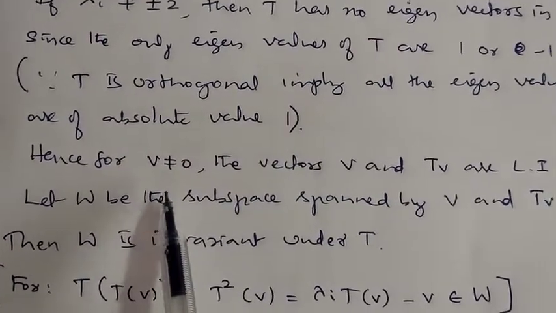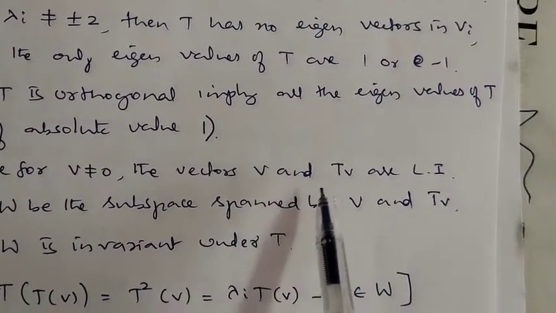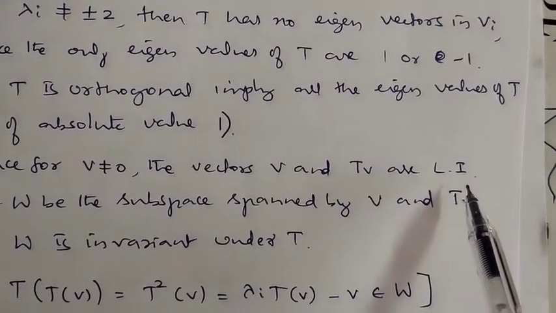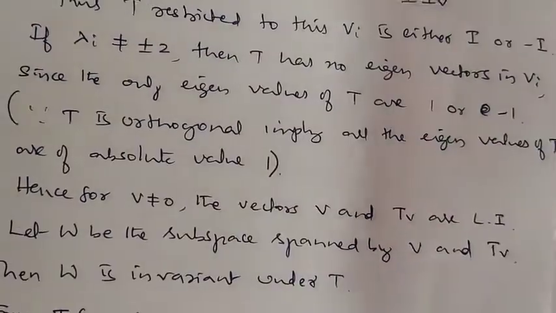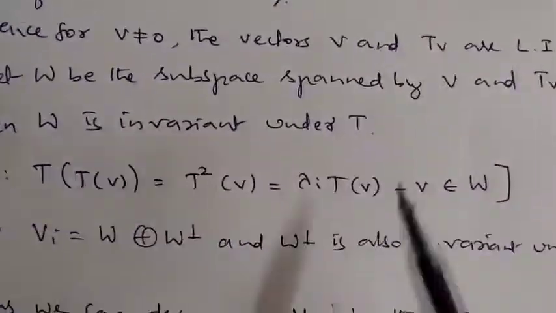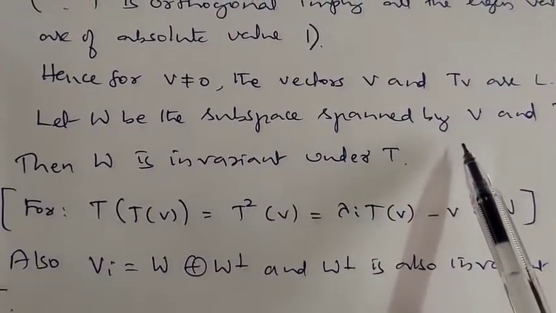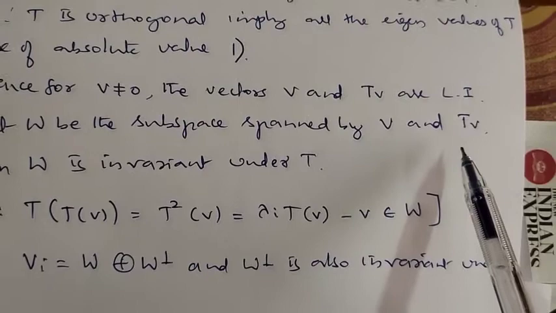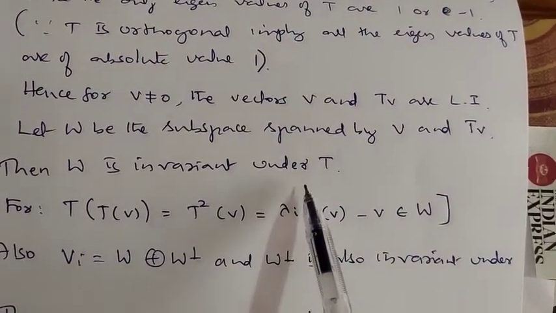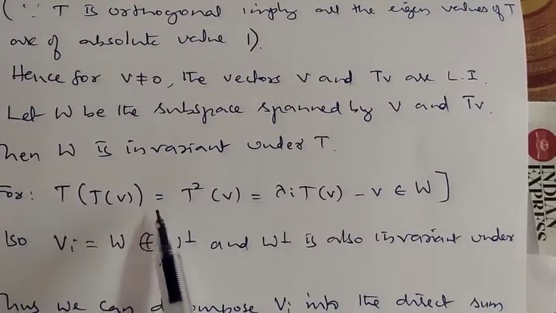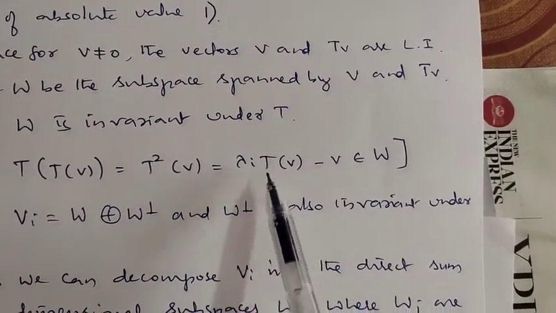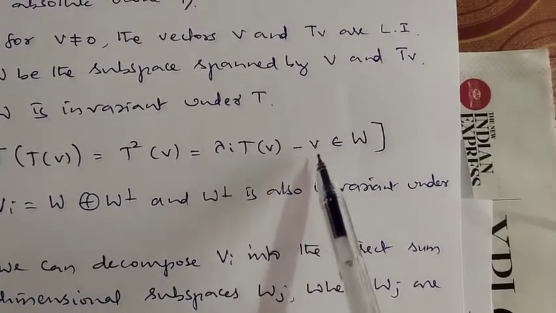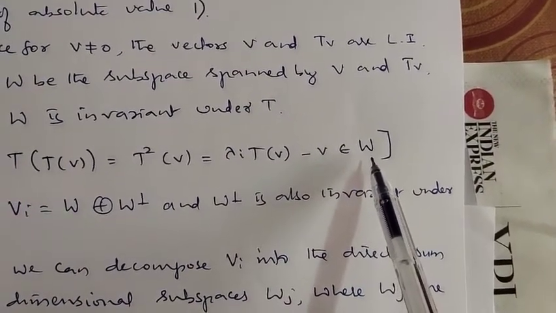Hence, for non-zero V, the vectors V and T of V are linearly independent. Now, let W be the subspace of V spanned by this vector V and T of V. Then clearly W is invariant under T, because T square of V means lambda into T of V minus V, which belongs to W itself.